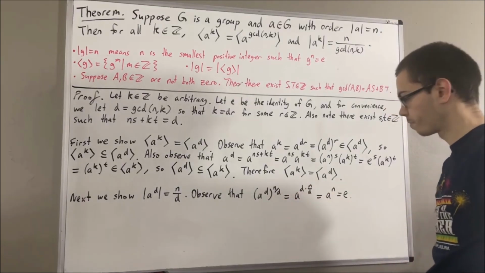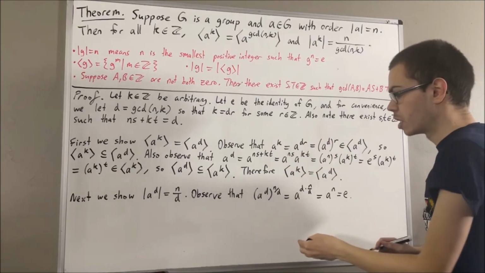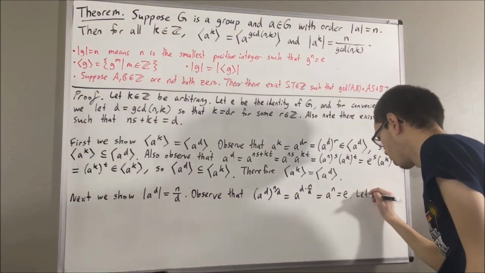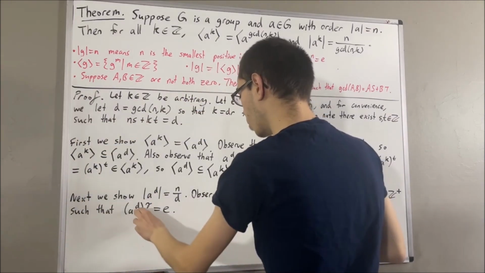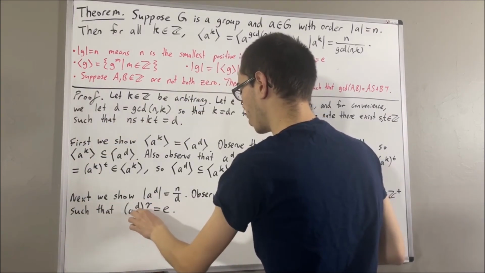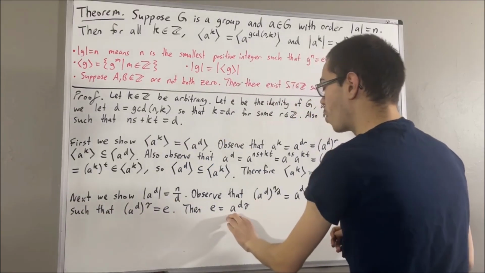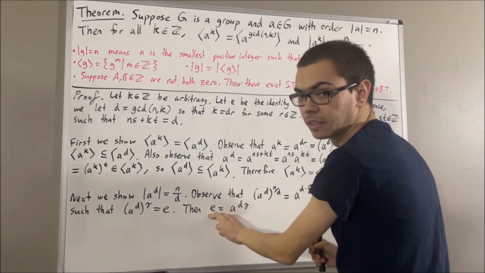To do that, let's give ourselves an arbitrary positive integer, gamma, such that a to the power of d to the power of gamma is equal to the identity. Well then, we can multiply the exponents, so this is just a to the power of d times gamma. So we have a to the power of the positive integer d times gamma is equal to the identity.